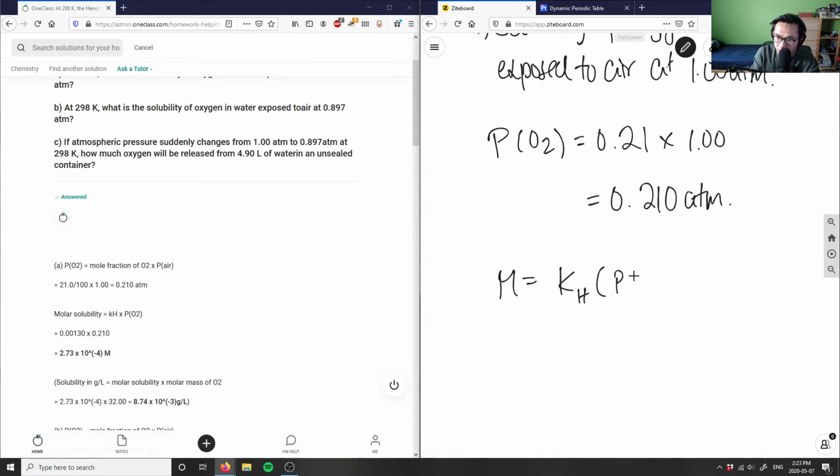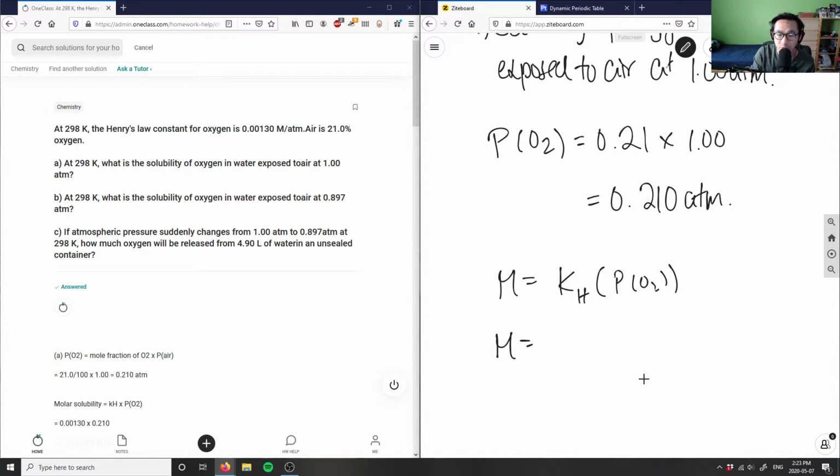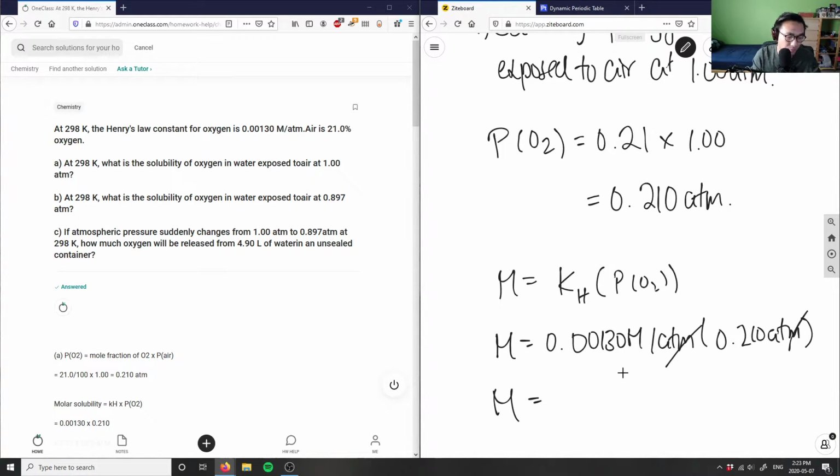So the molar solubility equals 0.00130 molar per atm times 0.21 atm here, right? The atm cancel out, and I'm left with molarity, and that's going to be the solubility.